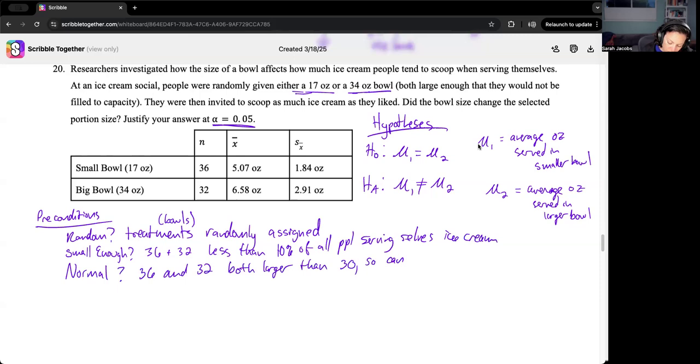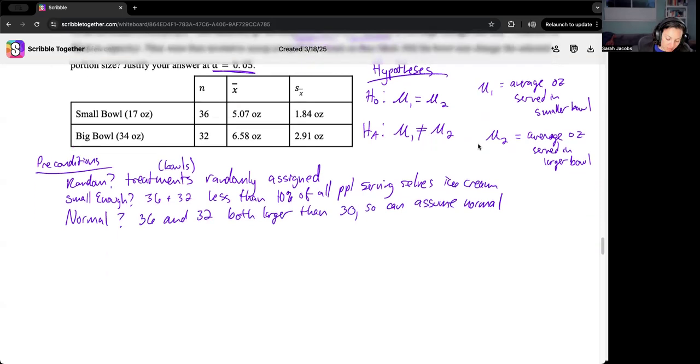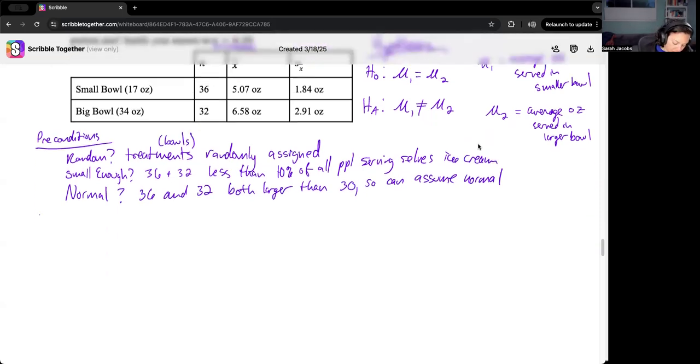So we can assume normal. This is a two-sample test, and so both sample sizes need to be greater than or equal to 30 in order to be working with a normal curve.